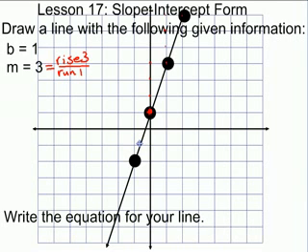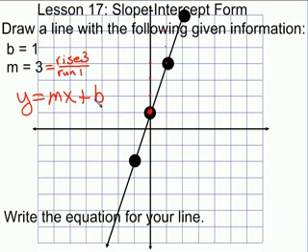And then we're going to write an equation of our line. And we're writing it in slope-intercept form, y equals mx plus b. M and b are always numbers, and then we'll have the letters y and x in our equation.